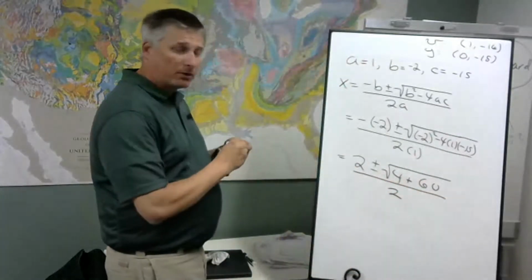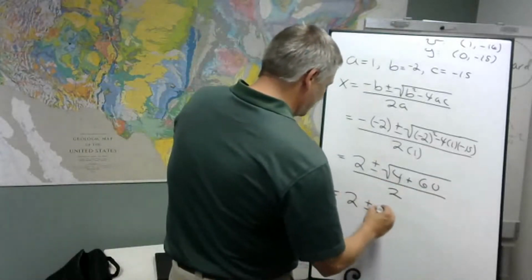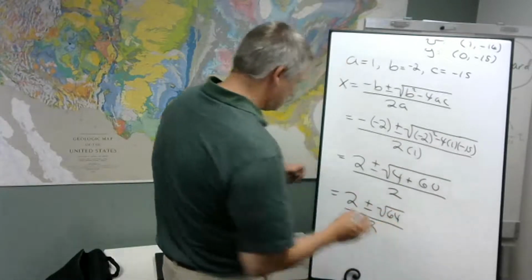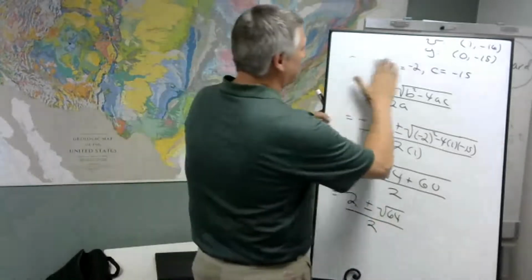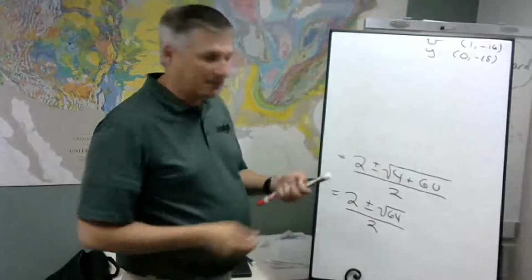Or what we're going to get is 2 plus or minus the square root of 64 over 2. And that works out really nice because the square root of 64 is 8.